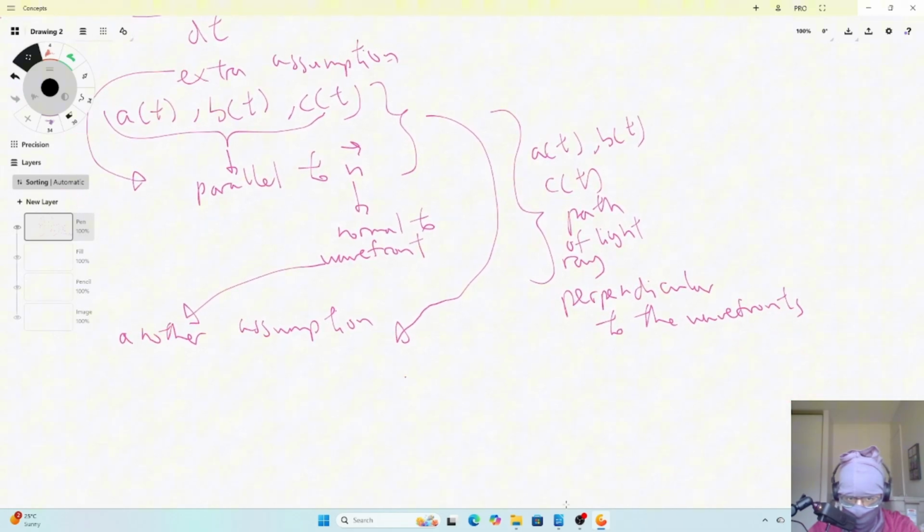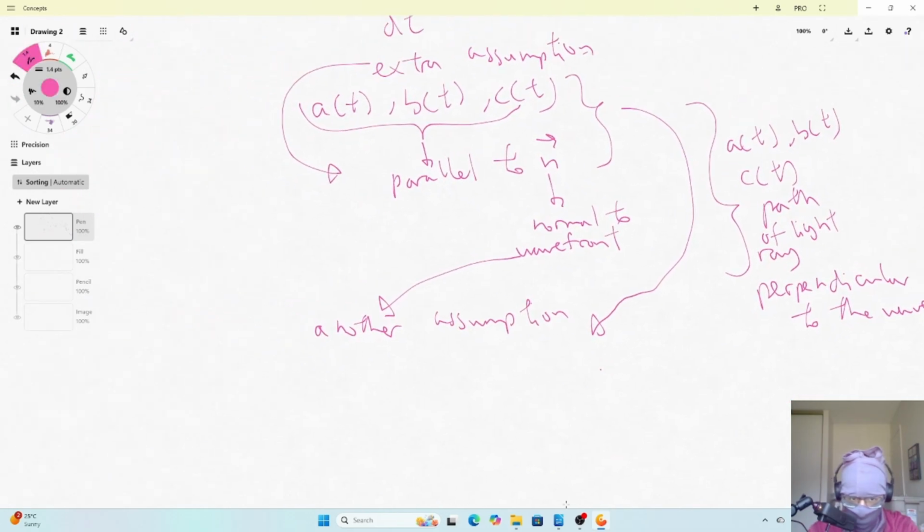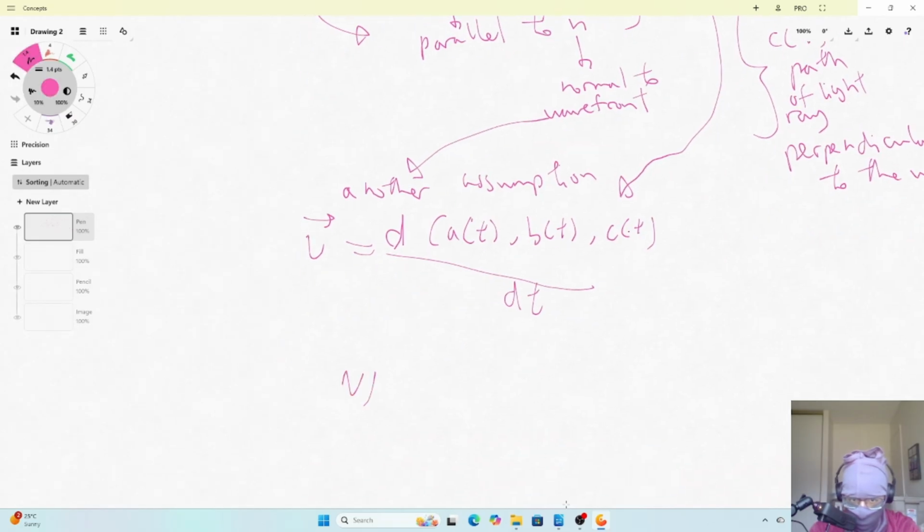And the third assumption is we want the velocity to be equal to c over the refractive index.